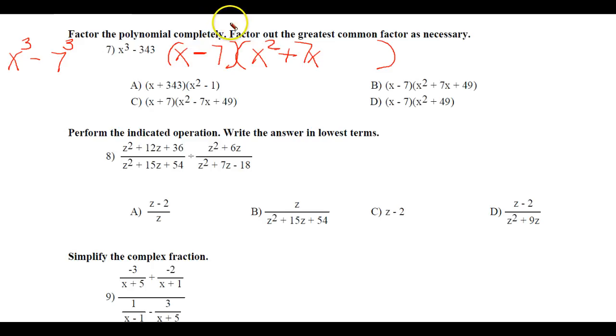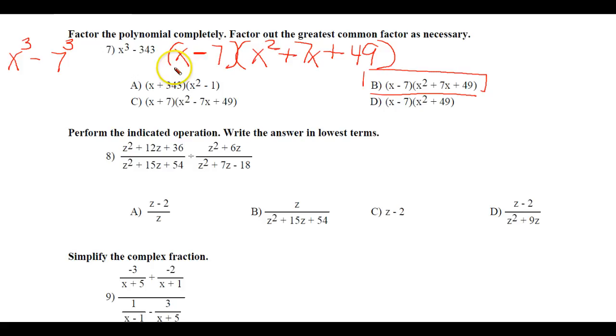Well, what we had said earlier, opposite sign prevails. And we're kind of using that technique, but not the sign. And then finally square the last term. And when we match it up, it matches up to letter B.